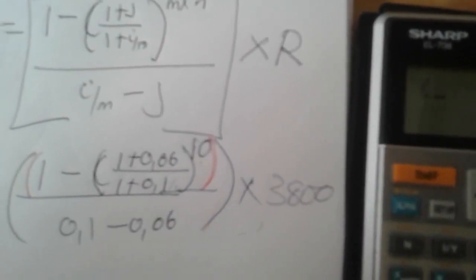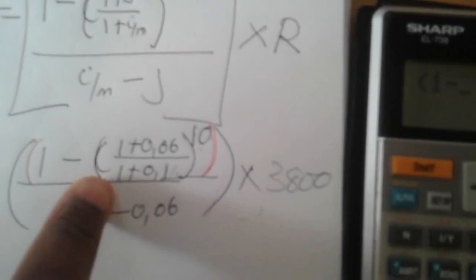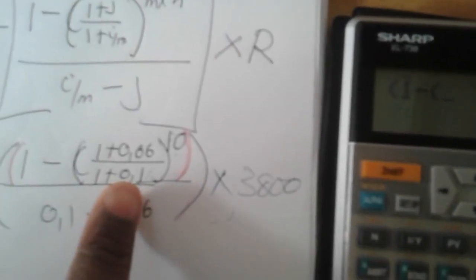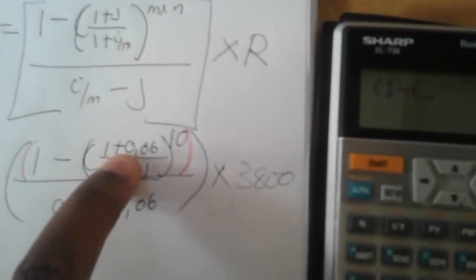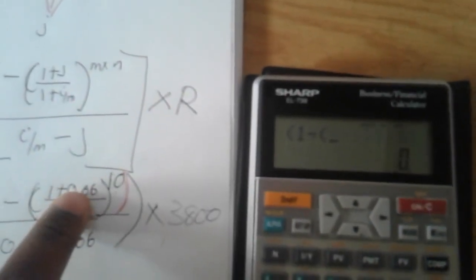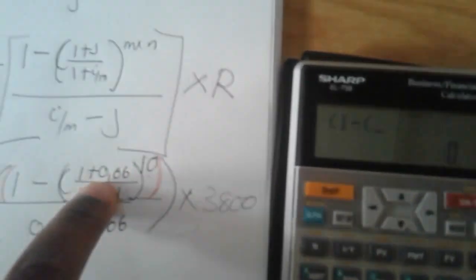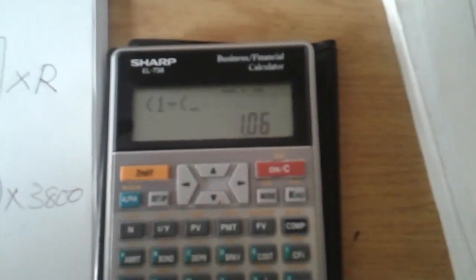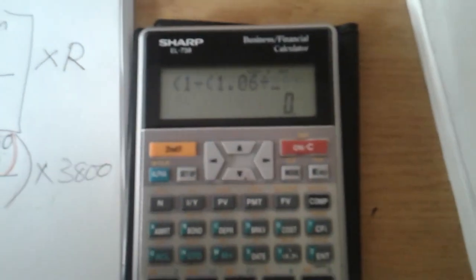Then our 1 minus, then we'll open another bracket there. Now, inside here, you must be careful. If you want to put it as it is, then you must open another bracket again for the top part. But if you can solve this in your head, there's no need to open a second bracket. You now say 1.06 divided by 1.1.